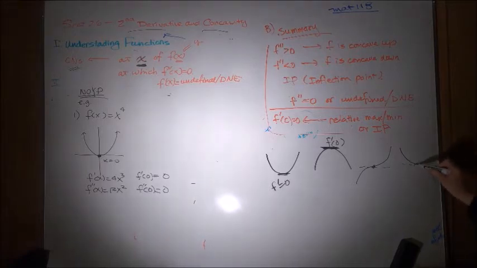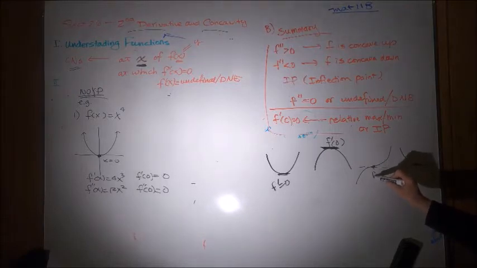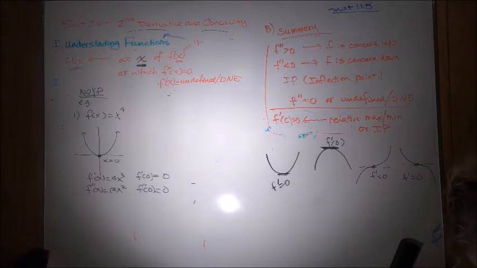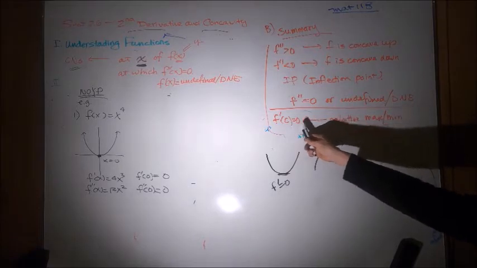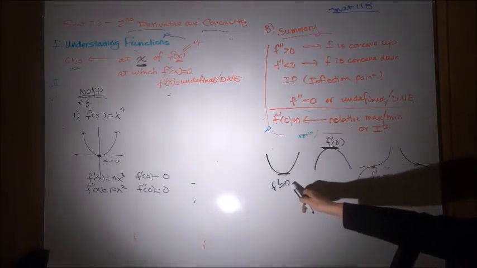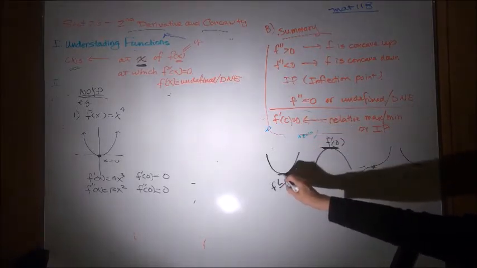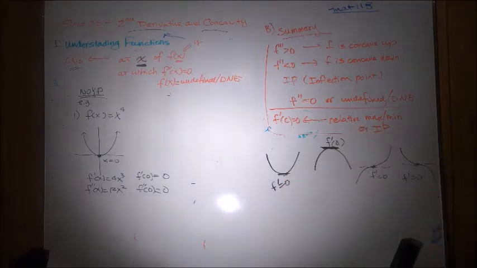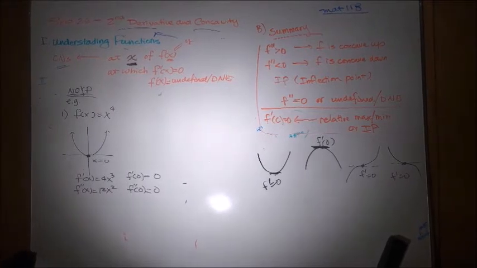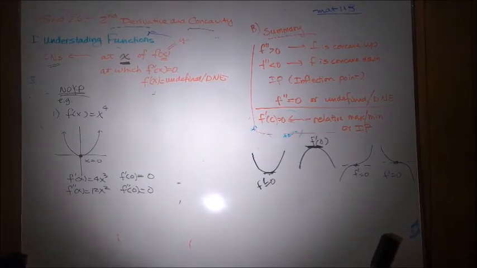So this is your IP point. At this time, your f prime is 0. We saw it earlier, right? So when you have f prime is 0, you have relative minima or relative maxima or IP point. Okay, so that's what we are talking about.